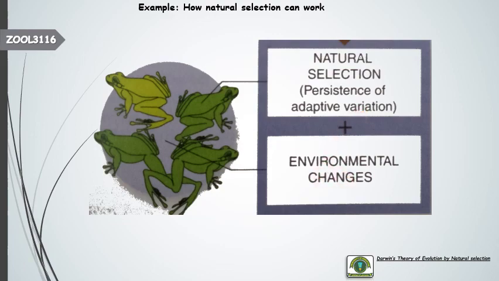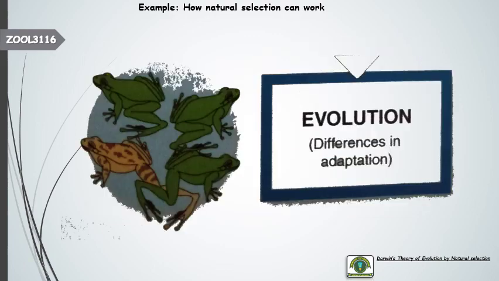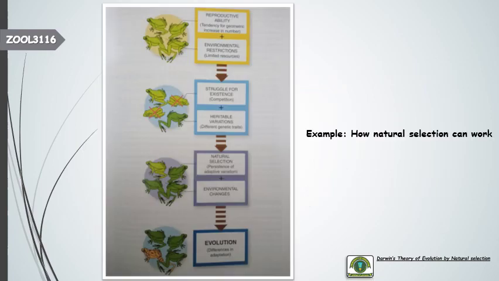Plus environmental changes. And ultimately what happened, evolution took place, and there are differences in adaptation, and these differences you can see apparently as well. These arise as phenotypic changes or phenotypic variations. And finally, we have this cycle, the whole process of evolution by means of natural selection: reproductive ability plus environmental restrictions.